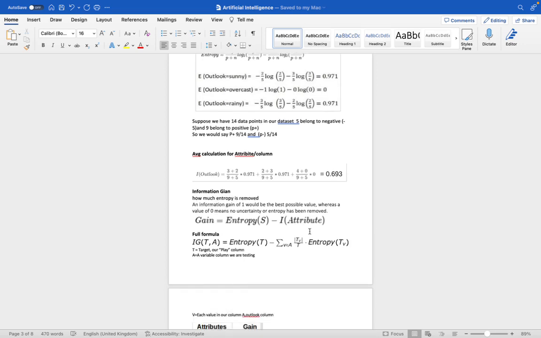To calculate the information gain, the formula is simple.